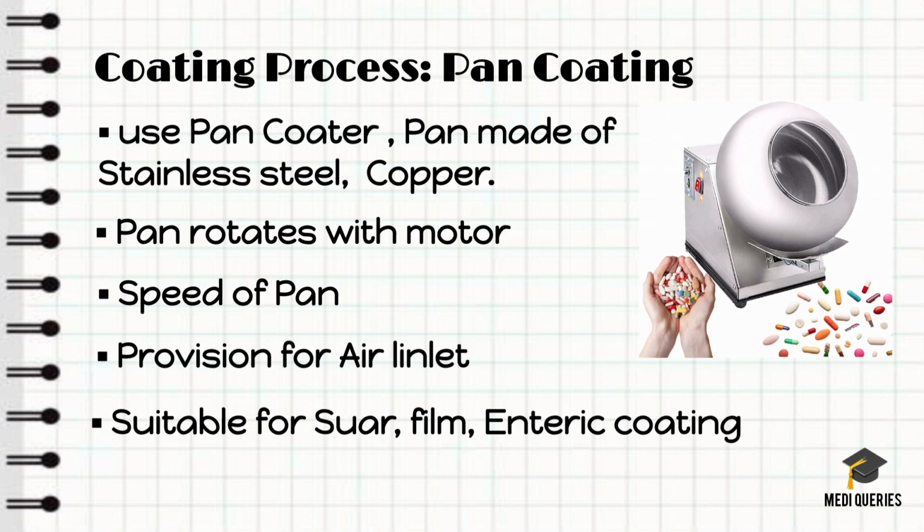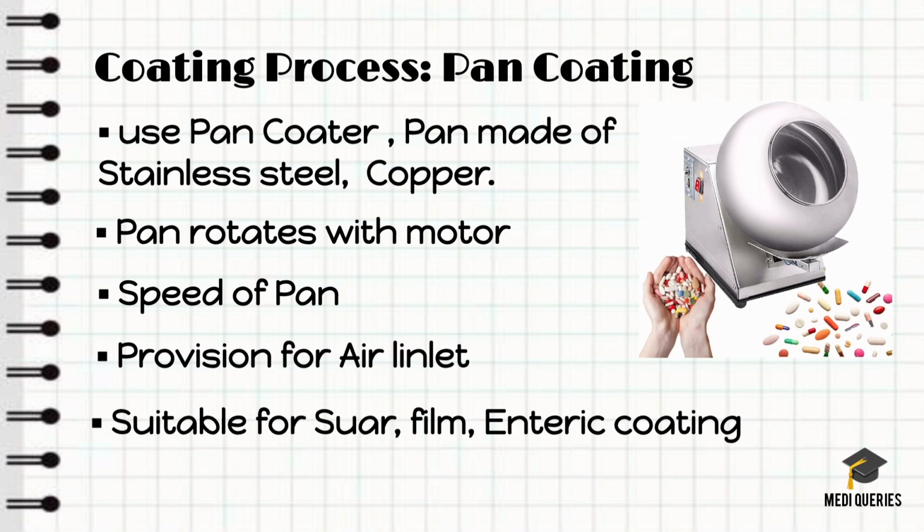The pan is rotated with the help of an electric motor, and the tablets to be coated are placed inside this pan, and hot air is blown into it. There will be a provision for hot air in this coating pan, and the speed of the pan is adjusted in such a way that the tablets remain separated from each other in the pan.